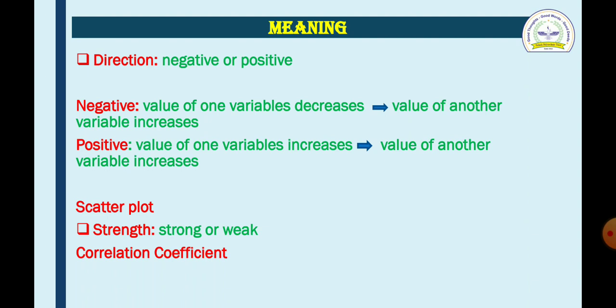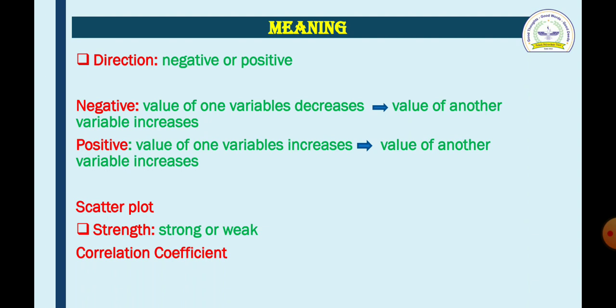But the scatter plot fails to tell us about the intensity of the correlation between two variables, and this intensity or strength of the association can be examined with the help of the correlation coefficient.